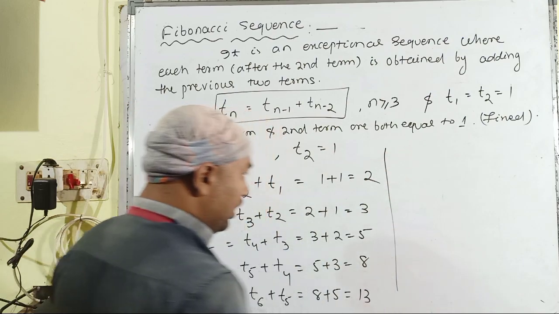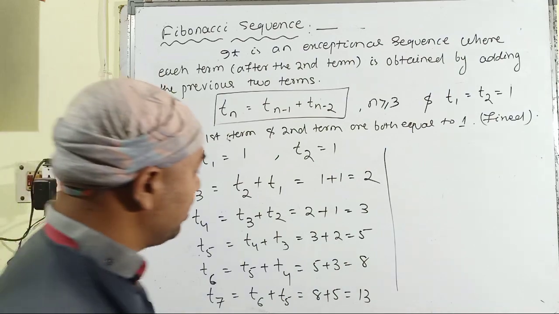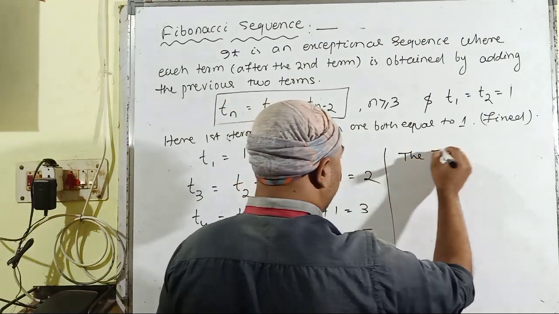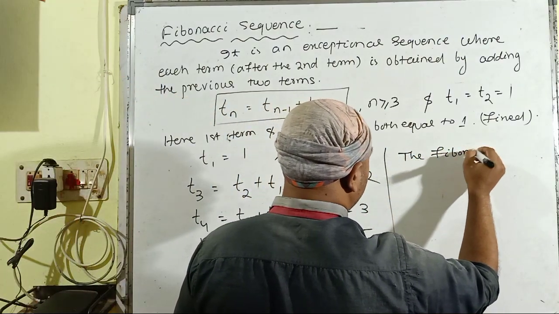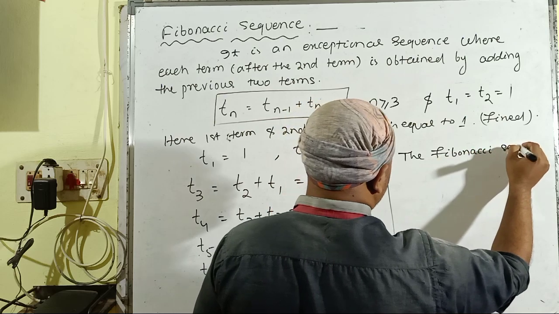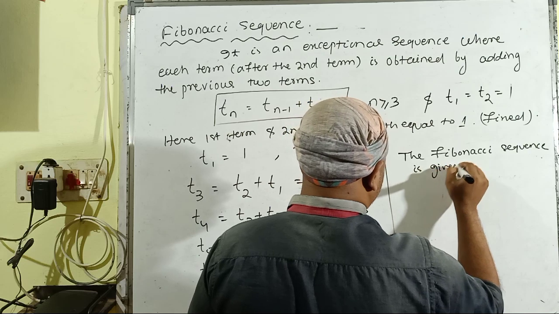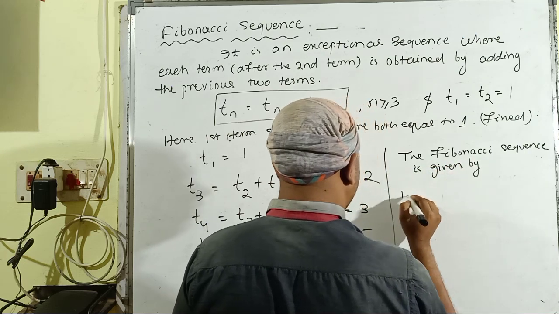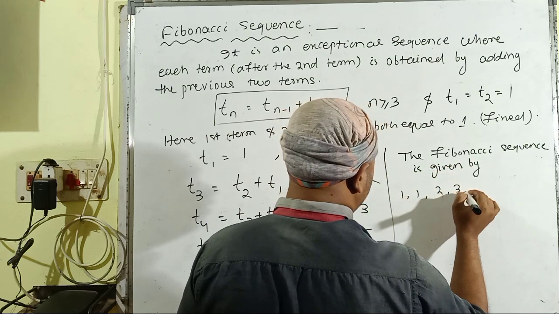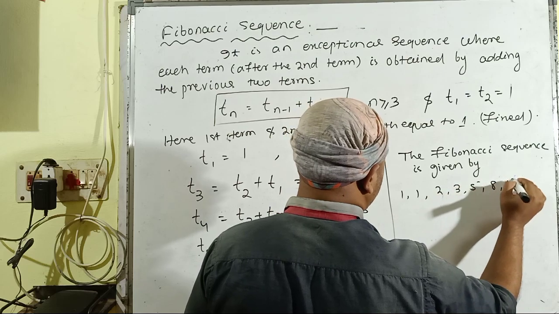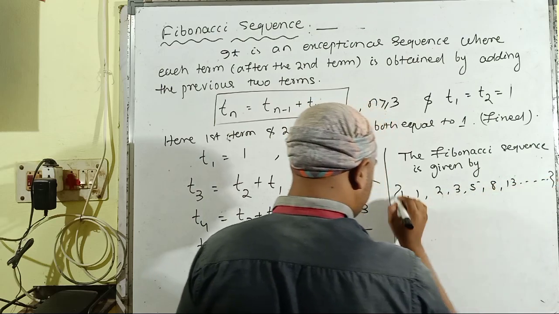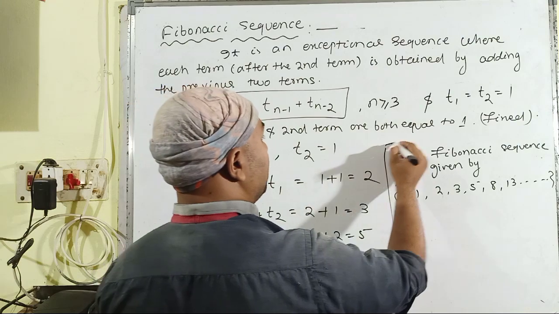So in conclusion, the Fibonacci sequence is given by 1, 1, 2, 3, 5, 8, 13, and so on.